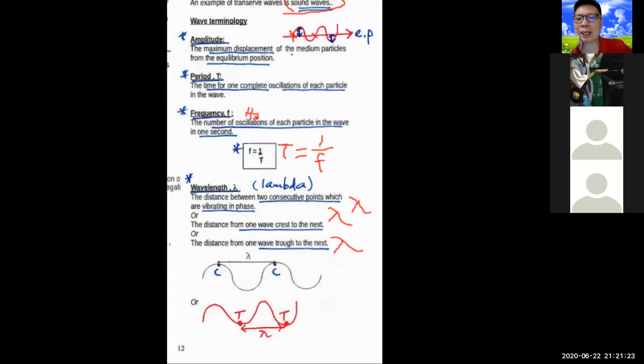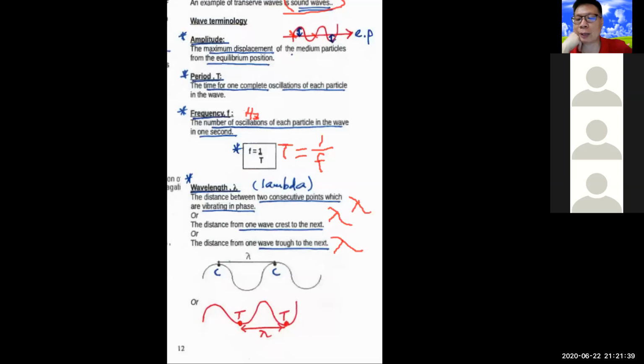Okay, Sima, are you there? Yes, sir. Sima, tell me the meaning of amplitude. Amplitude is the maximum displacement of medium particles from the equilibrium point.